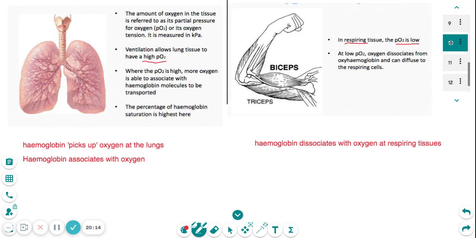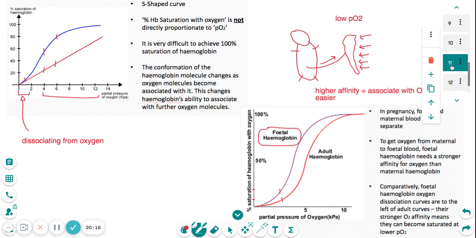We then talked about the oxygen dissociation curve. Just as an illustration, it shows how at low partial pressures, hemoglobin is very good at dissociating from oxygen, which is beneficial because it needs to let go at respiring tissues. And it's very good at associating when the partial pressure increases.